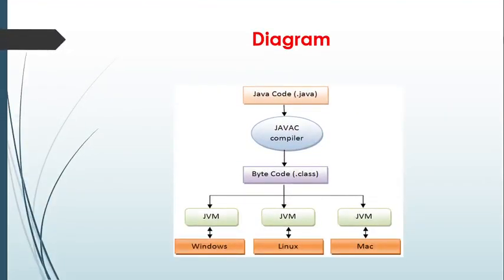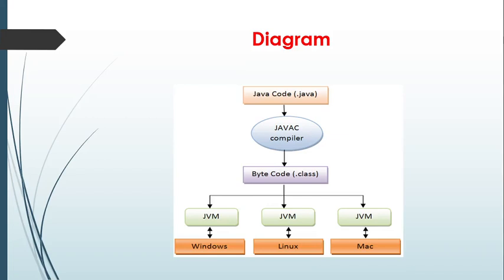Here is a Java diagram in which you can clearly understand how Java bytecode works. First of all, we write a program in Java and save the source code in a .java file. Then we compile that code. After compiling, the Java compiler generates bytecode of that source file, in the form of a .class file, and this bytecode can easily run on any platform.